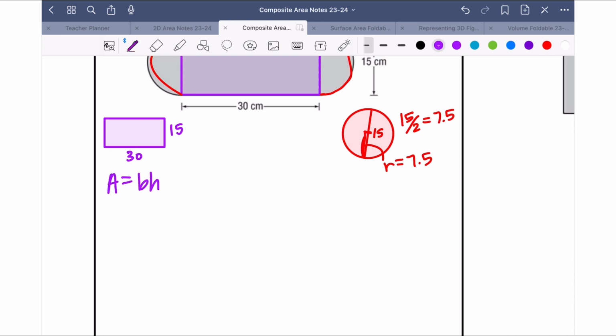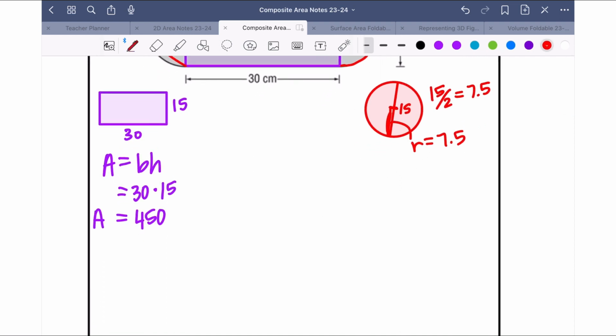Area equals base times height. Your base is 30. Your height is 15. 30 times 15 is 450. Area of the rectangle. And then for a circle, the area formula is pi r squared. Okay, so pi and then your radius squared.